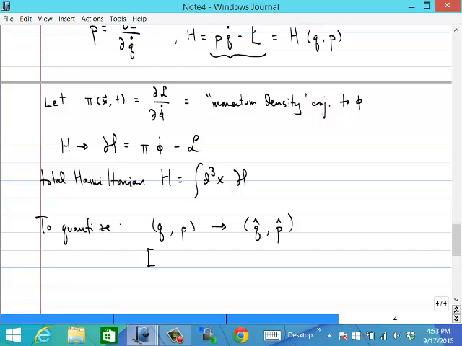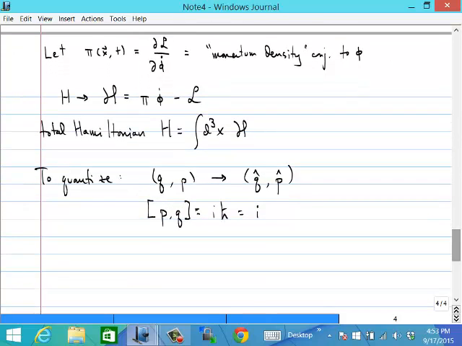So the commutation relation is that the commutator of p with q is equal to i h bar, or just equal to i, because we're using units where h bar is equal to 1. And then the Hamiltonian, regarded as a function of q and p, then becomes some operator where you just replace the q's and p's by the operator q's and p's.